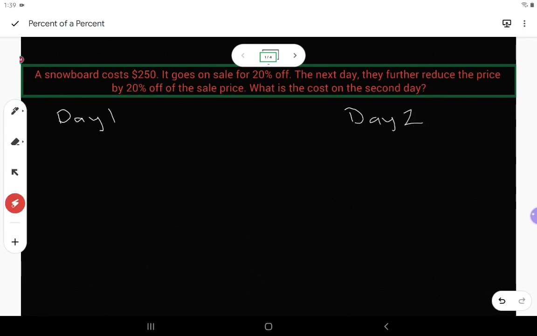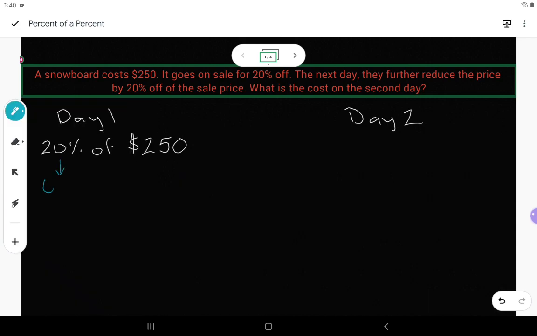I'm going to look at what happens on day one, and I'm going to look at what happens on day two. So on day number one, we are going to take that snowboard that costs $250, and it's going to go on sale for 20% off. Okay, so I want to find the discount, and I need to find 20% of that $250. Okay, I need to know how much money they're going to take away off of that snowboard.